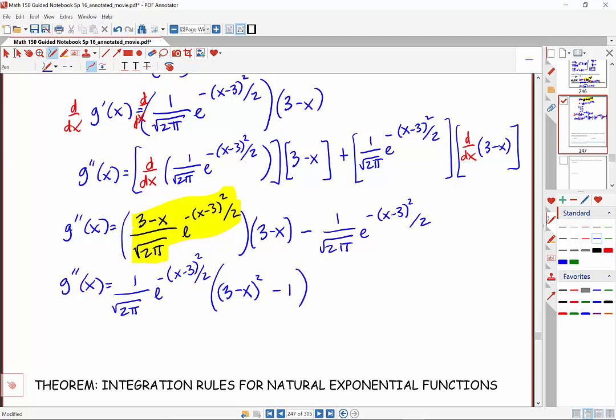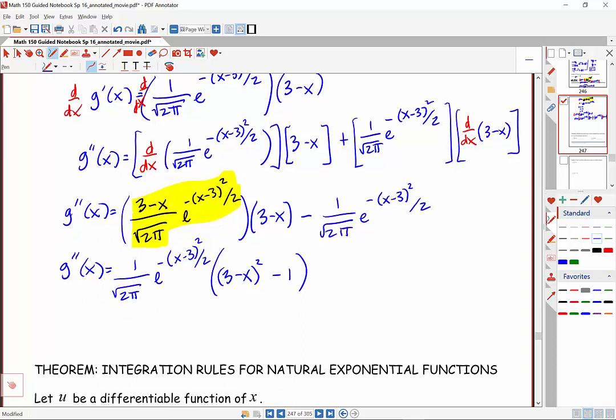So again, to get the zeros, what we'll do is we will equate the part that can zero out equal to 0. And so when we solve, we'll have 3 minus x, the quantity squared, is equal to 1. And then we can square root both sides.